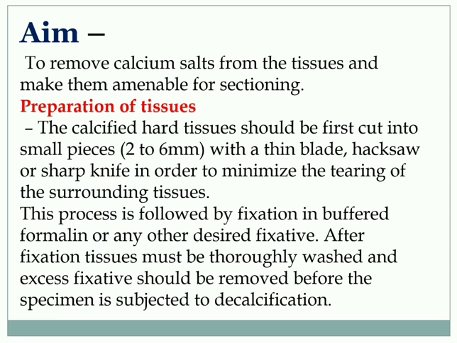Further, the process is followed by fixation in a buffered formalin or any other desired fixative. After fixation, the tissue must be thoroughly washed and excessive fixative should be removed before the specimen is subjected to decalcification.